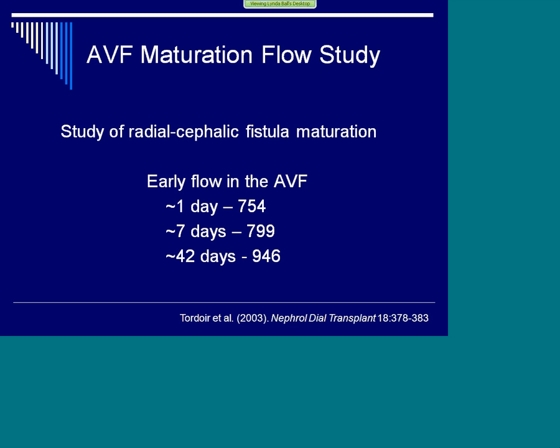And at 42 days, or 6 weeks, the flow was 946. So you can see that in the first week it was substantial, but it increased substantially within weeks 2 to 6.